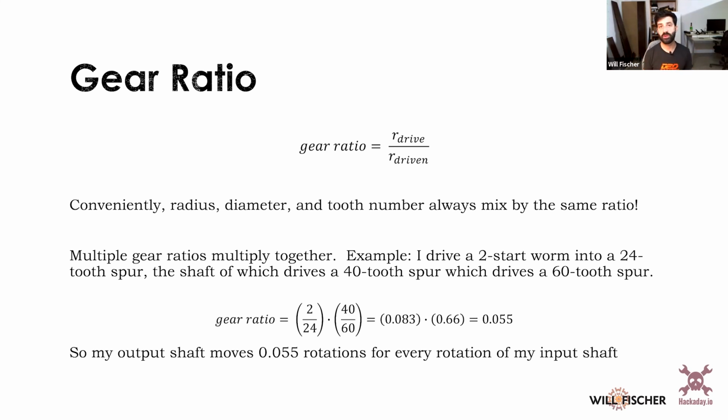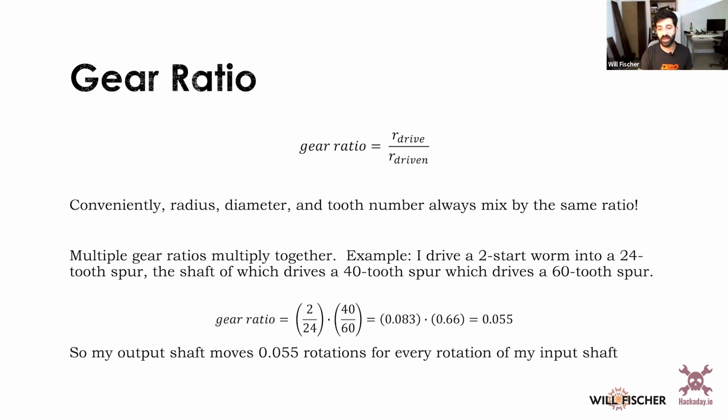This is really convenient because oftentimes gears are specified by tooth count, so when you're designing a gear system, that is a really nice way to do it. If I have multiple gears moving along, I take the output from one shaft and put it into the input of the next shaft, then I can multiply the gear ratios from drive to driven, drive to driven, drive to driven, and so on.